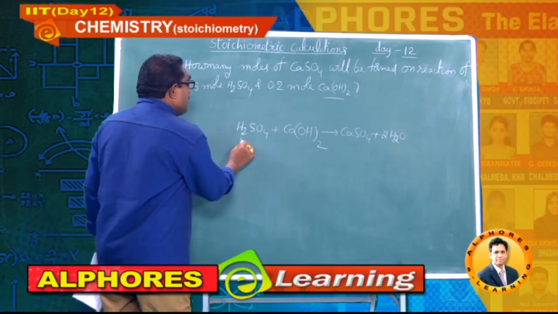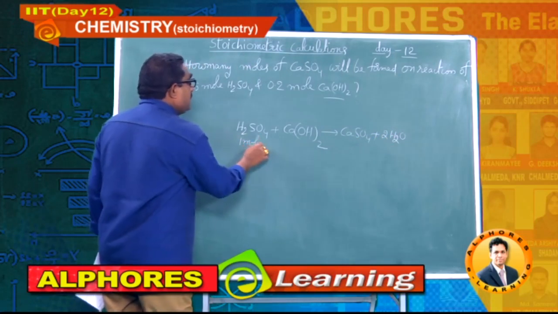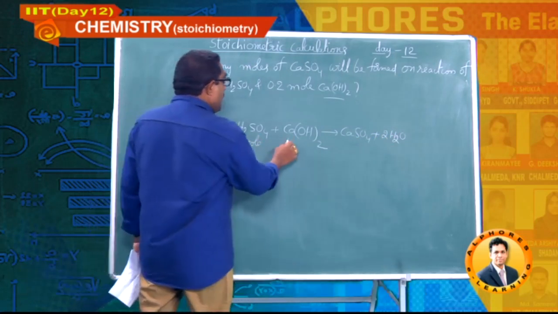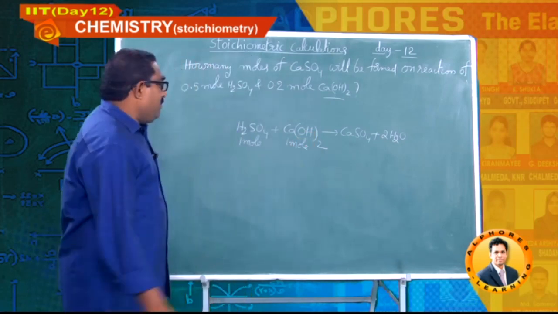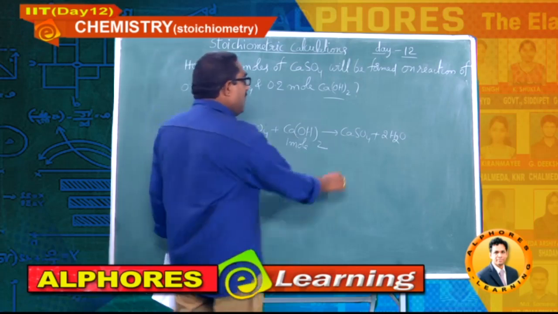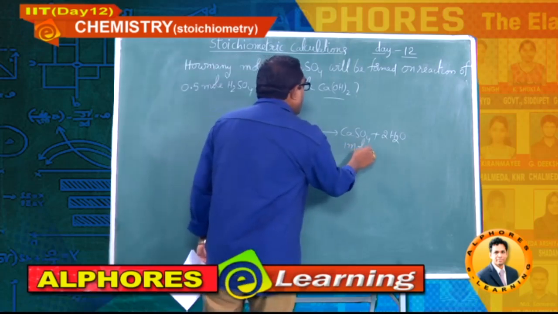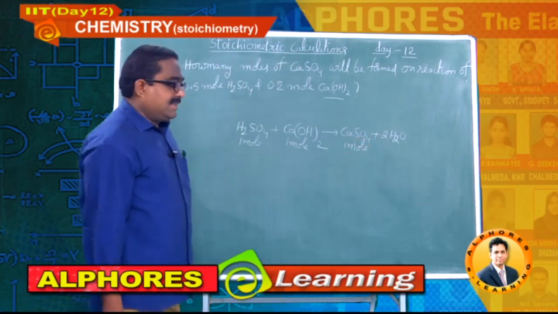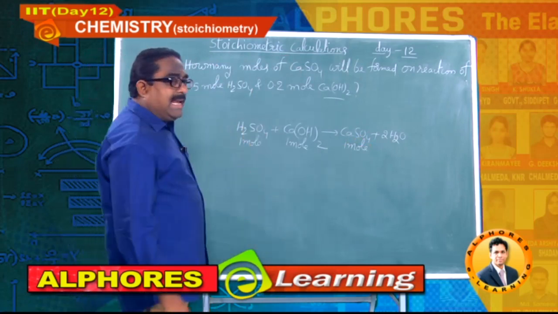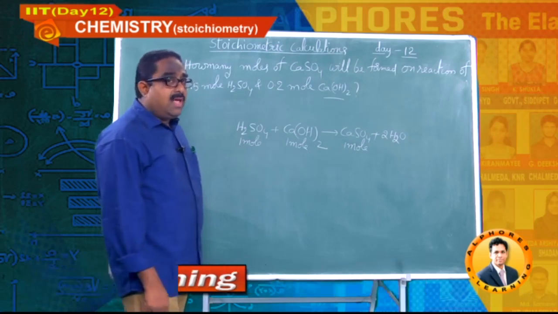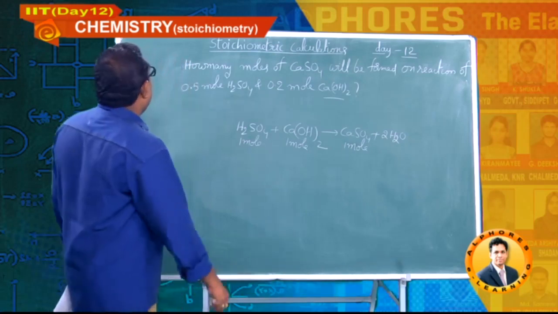So, from this I can simply write like this, students. 1 mole of sulfuric acid on neutralization or reaction with 1 mole calcium hydroxide gives exactly 1 mole of calcium sulfate salt. That is the data that we can write based on the stoichiometric, meaning balanced, chemical equation.